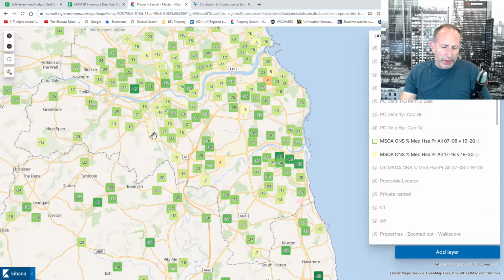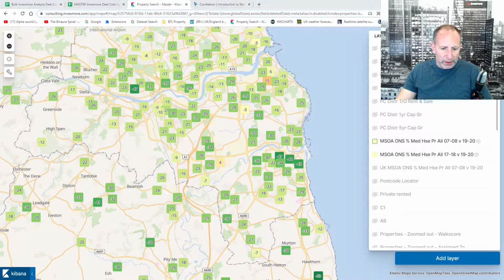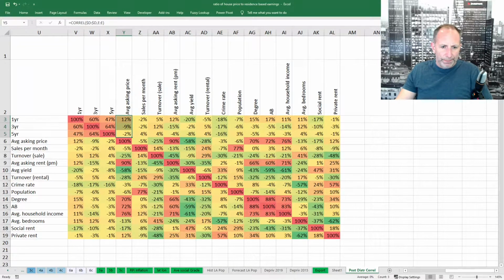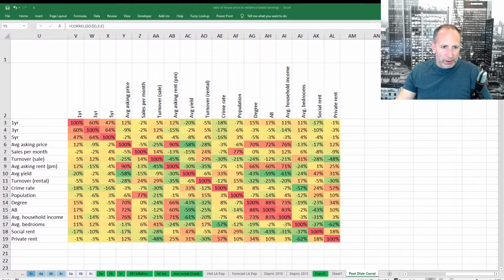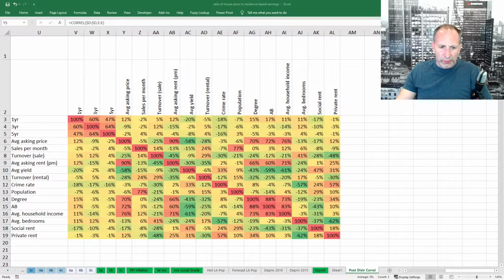Now, obviously, as an investor, you're going to get in whenever you're going to get in, but the question is, is that place going to do well in the long term? And the answer from the data is that A, not necessarily, it doesn't really correlate long to short term, but B, buying the most expensive house that you can possibly get just because you think you're going to get proportionally more growth on that one is not necessarily a good idea.